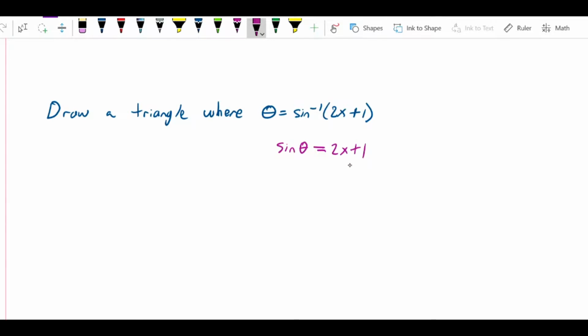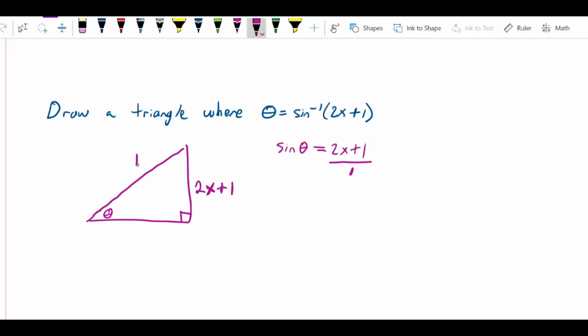It's going to be a little easier to see if I write this as a ratio. I know that this doesn't change anything algebraically, but if I say sine theta is equal to 2x plus 1 over 1, knowing that sine is opposite over hypotenuse, you can see how to write the triangle. We have a right triangle, and we know that theta is an angle whose sine is 2x plus 1. That means the opposite side is 2x plus 1, and the hypotenuse is 1.